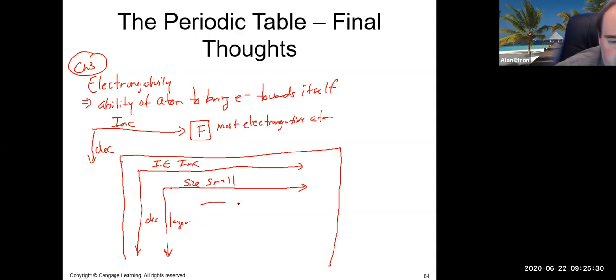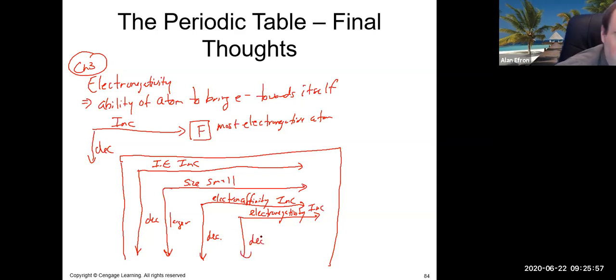In terms of electron affinity, it increases as you go up and to the right, decreases as you go down. And lastly, if we add our electronegativity in there, it increases as you go up and to the right and decreases as you go down.